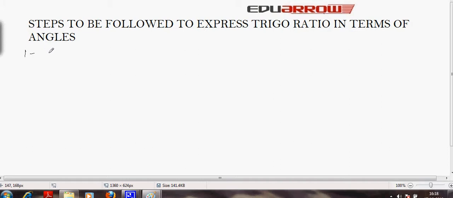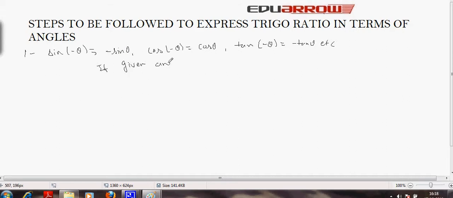If it is negative, make it positive using identities such as sine of minus theta is equal to minus sine theta, cos of minus theta is equal to cos theta, and tan of minus theta is equal to minus tan theta, etc. if the given angle is negative.